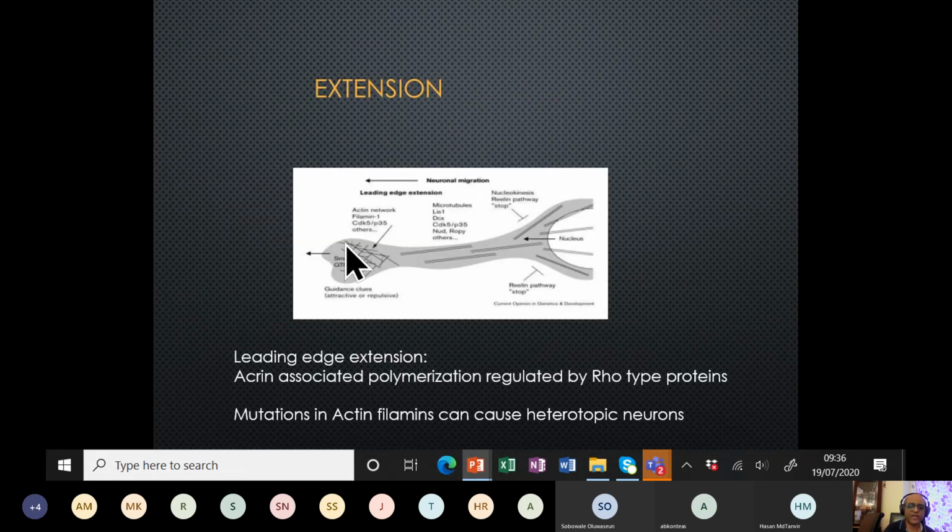If any of these internal structures do not develop normally, they are going to cause abnormalities in the migration of these neurons. You can see the intricate structure within the neuron, with the microtubules and the actin network within it, and these help migration of this neuron.